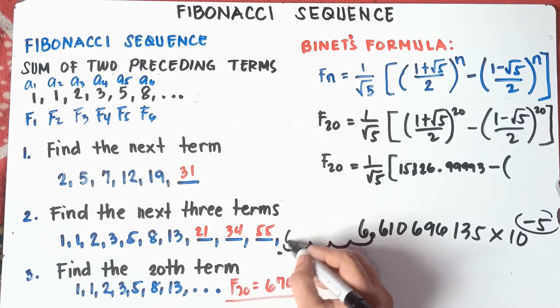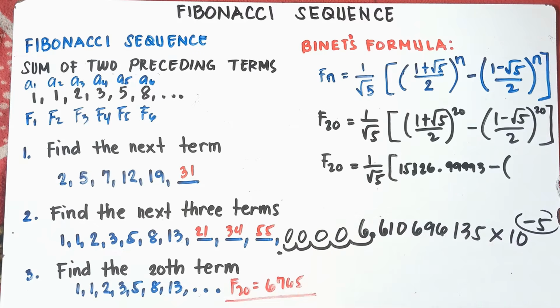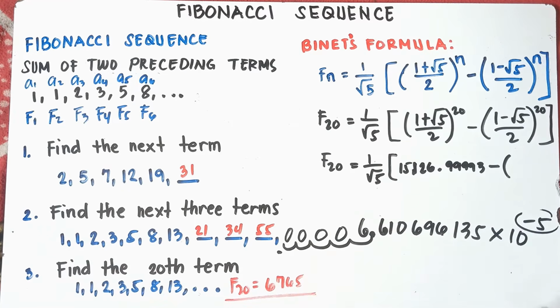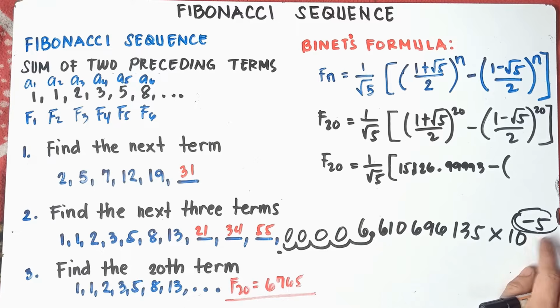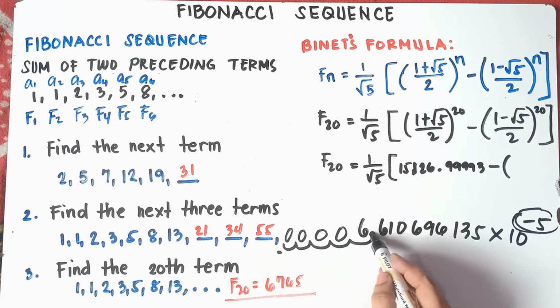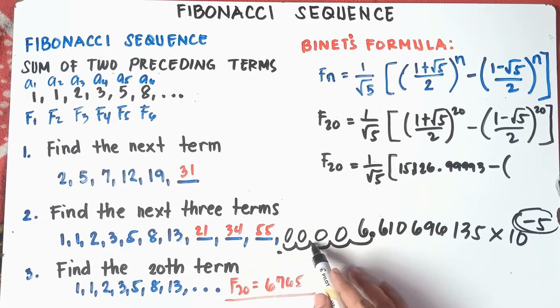Then you add 4 zeros. So do not be worried, class, if you see an answer with a scientific notation. If this is negative 5, you move 5 units to the left. If this is positive 5, you move 5 units to the right, starting from the decimal. So 1, 2, 3, 4, 5.